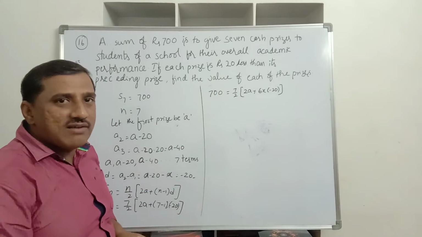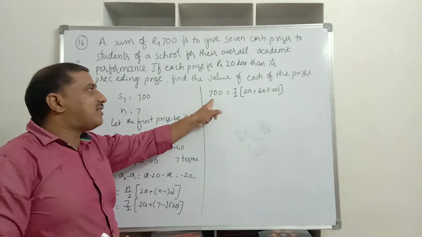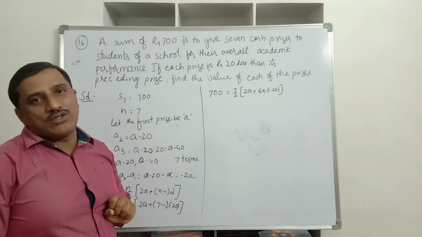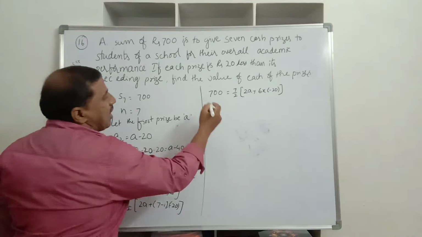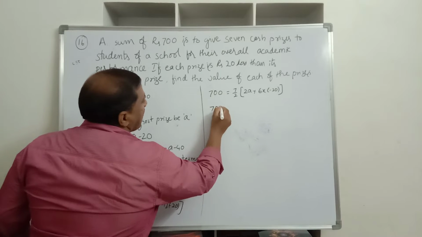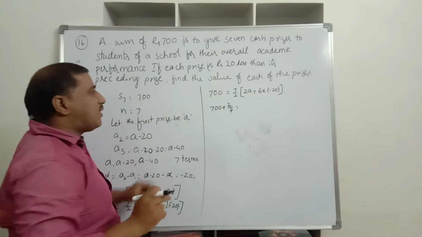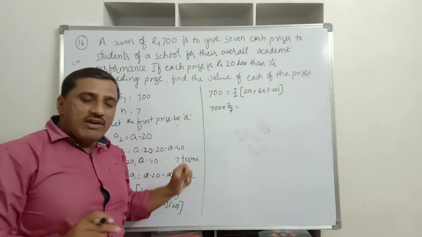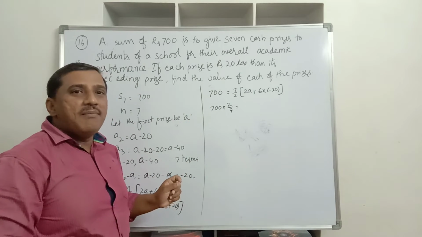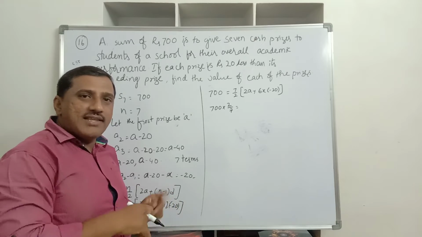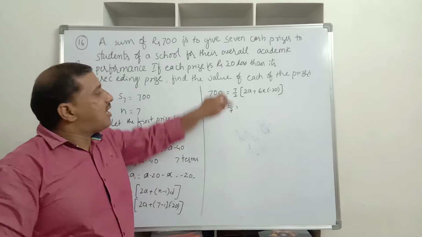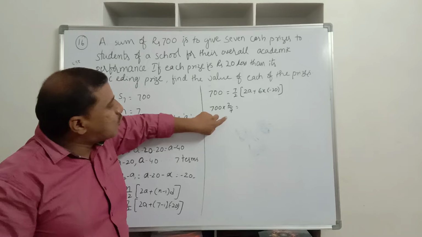Dividing by a fraction means multiplying with the reciprocal of the fraction. The reciprocal of 7 by 2 is 2 by 7, so we get 700 into 2 by 7.